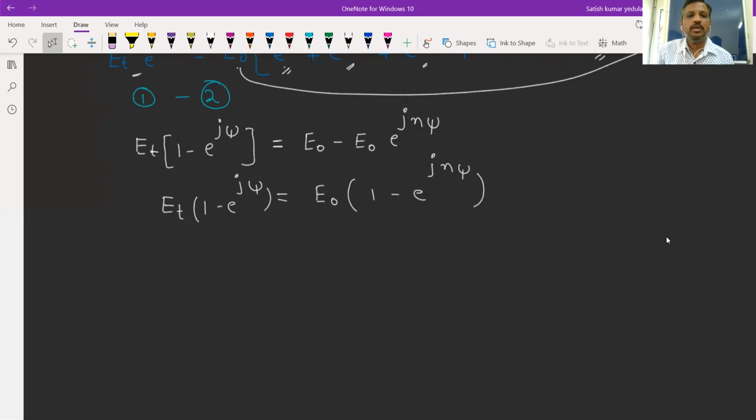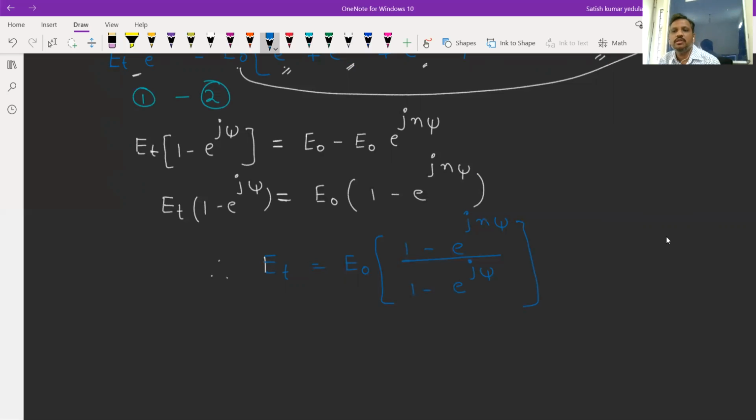But I want Et, therefore what you get for Et will be equal to E naught, written as it is, into 1 minus e power j n psi by 1 minus e power j psi. This is the expression. It's not over yet. Don't think that it is completed.